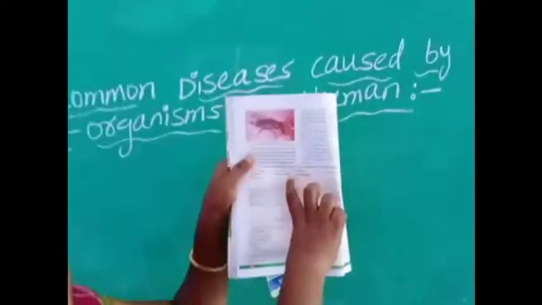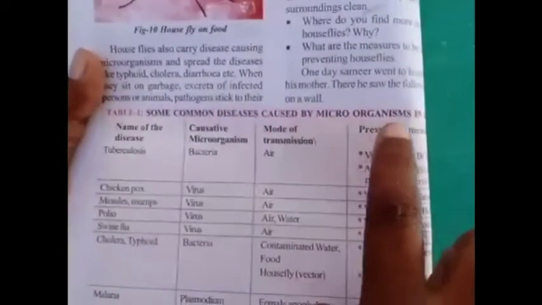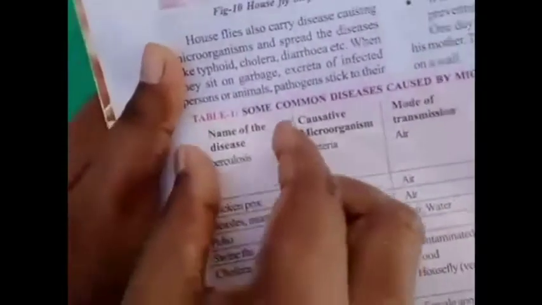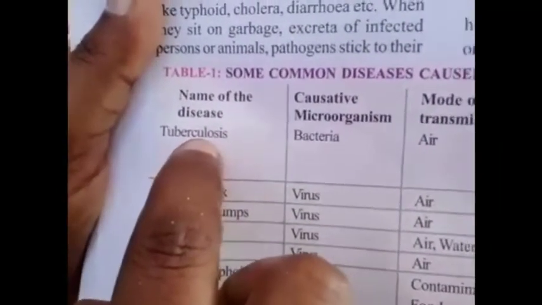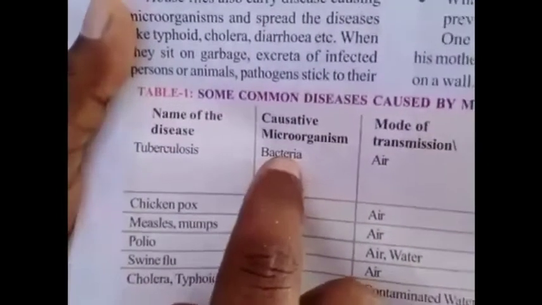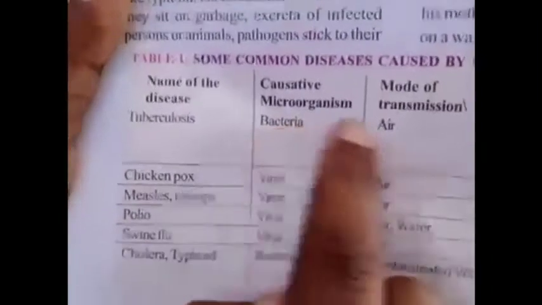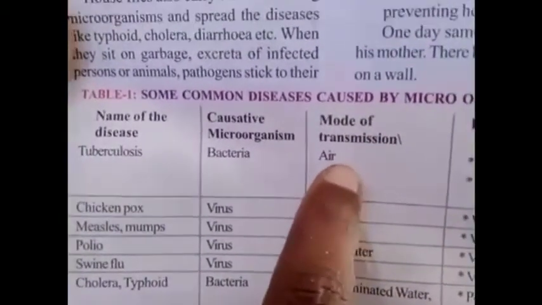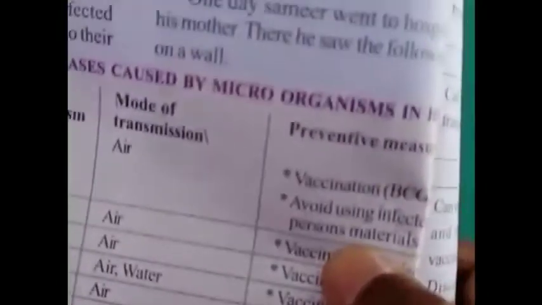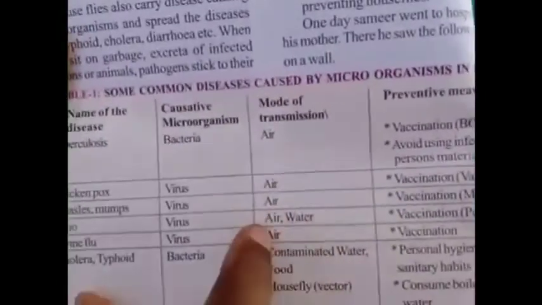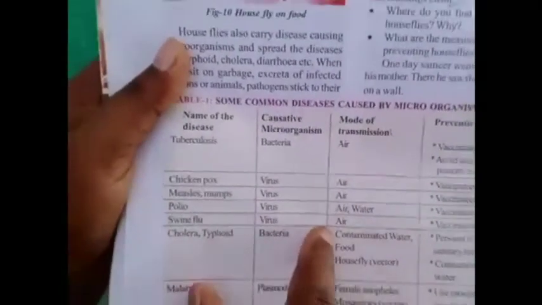This box shows some common diseases caused by microorganisms in human beings. First they give the name of the disease, which microorganism causes it, how the disease is transferred from one person to another, and how we can prevent the disease. So about this topic we will learn in this class.